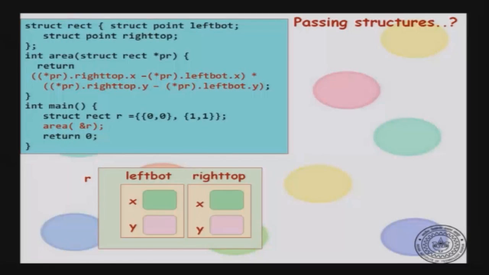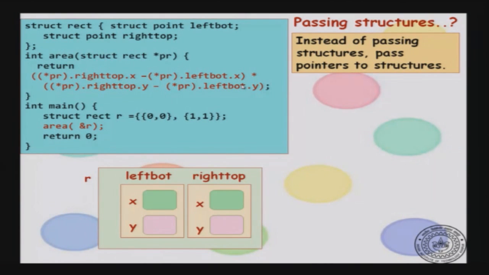Using the star operator. This is the same as addressing any basic data type. Star pr would be the variable in that location. So, star pr would be a struct rect, and that struct rect dot right top dot x minus star pr dot left bot dot x and so on.